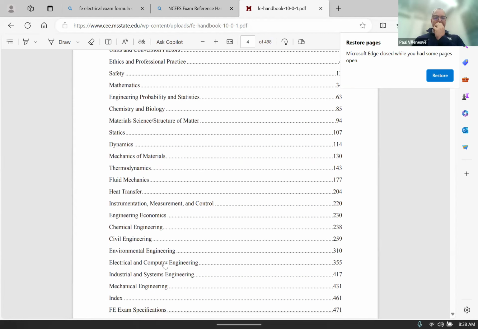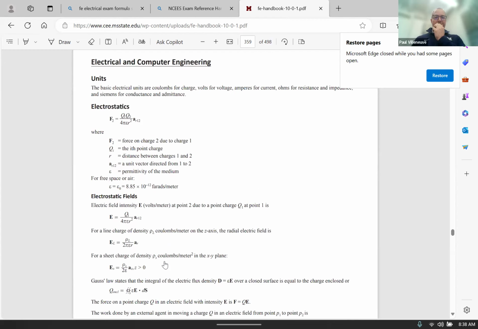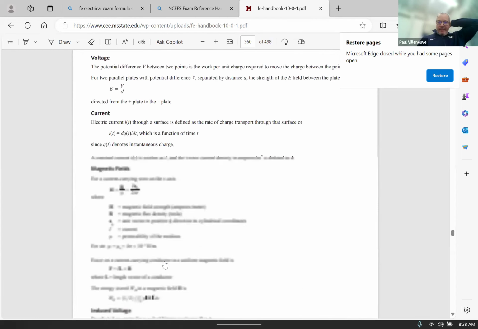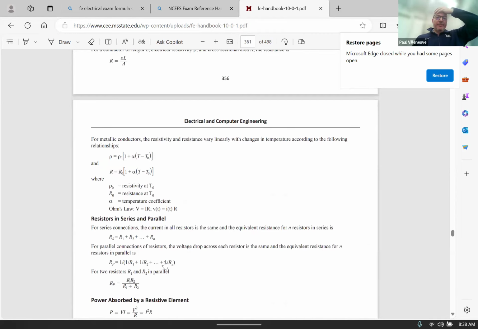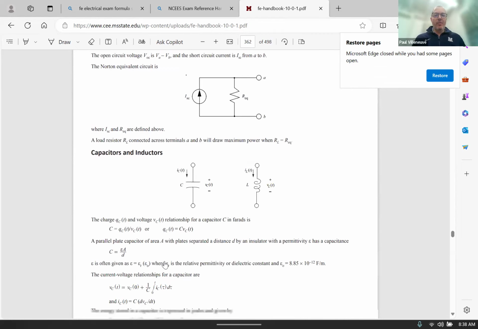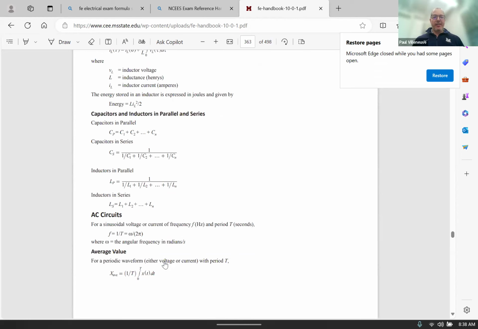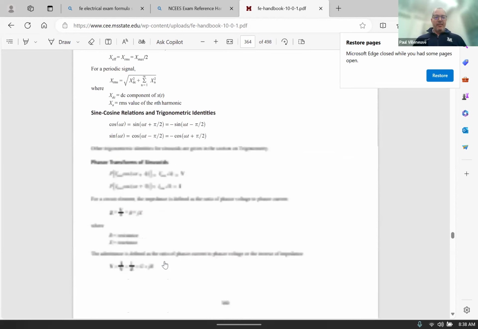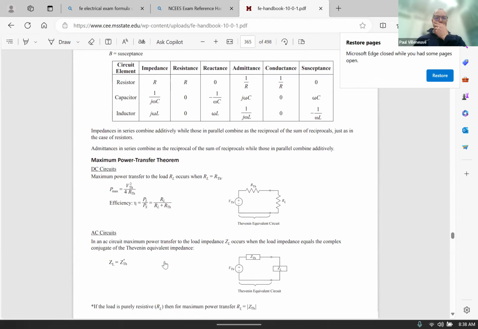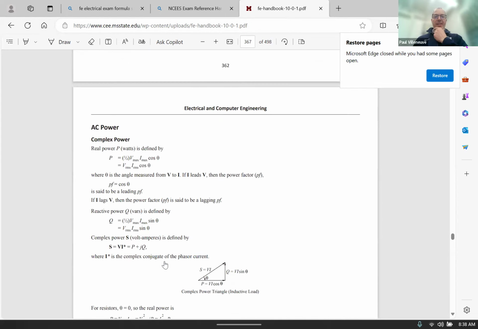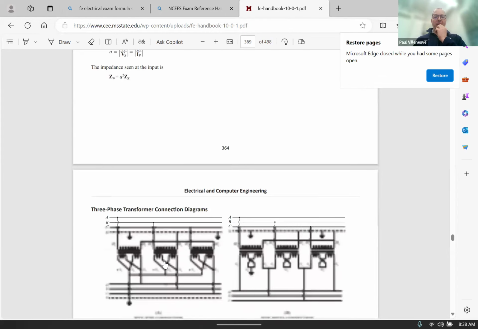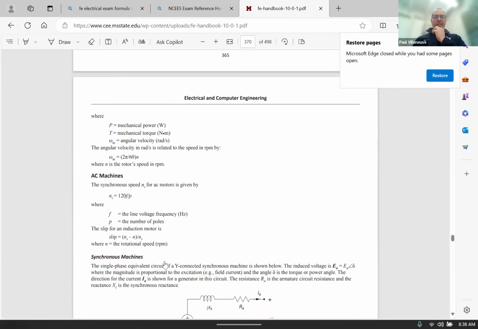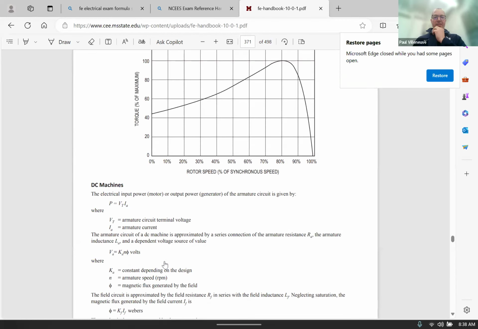Okay, so here's electrical and computer engineering. It might be hard to find. The one that's specific for electrical is quite easy to find. But this is the stuff that's in the manual. This is what they give you for a copy going into your test. I think it's electrical.